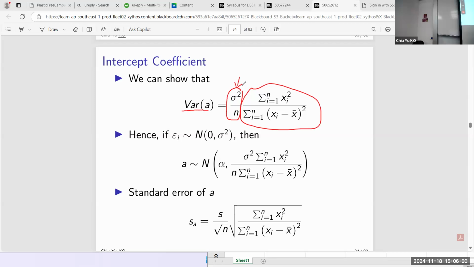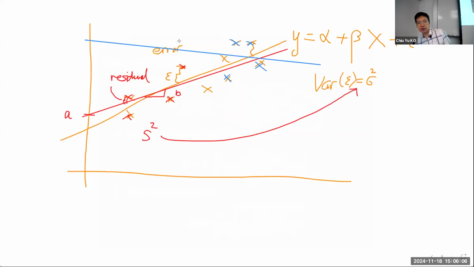You can imagine, look at this graph here: if your data has much variation like this, then the potential intercept you draw will be much larger. That is the main idea behind it.